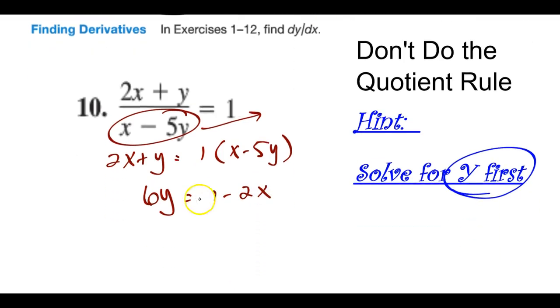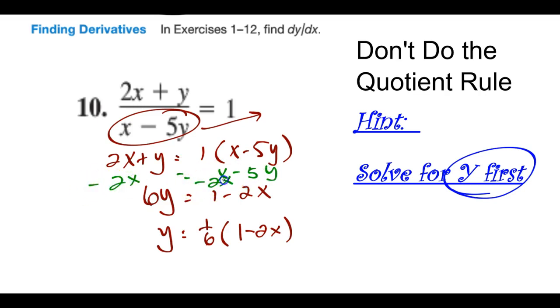Ooh, well, I don't know, maybe I should just, so y is equal to 1/6 (1 minus 2x), and then maybe talk about how to take the derivative of this. But I think I made a mistake. Let's see, over here was x minus 5y, so when I subtracted off 2x, that's no longer a 2x in there. Sorry, I think this is just an x, and I think this is just an x.